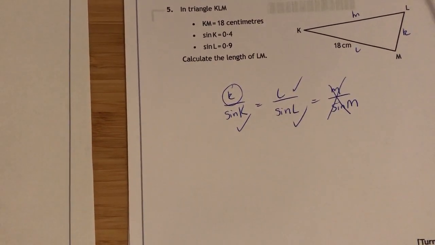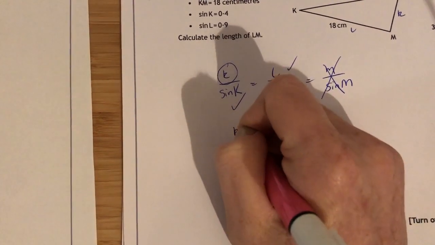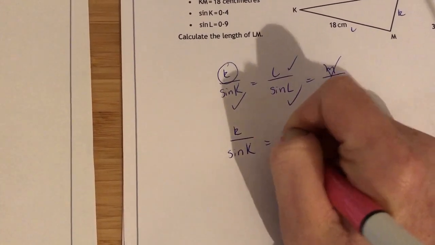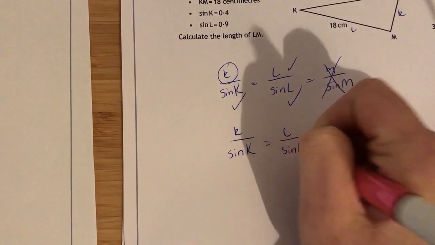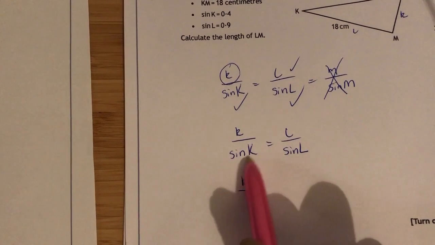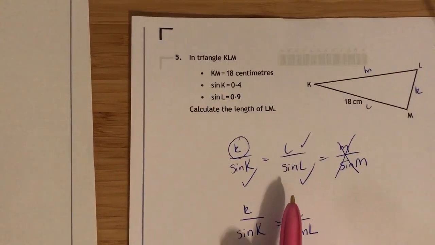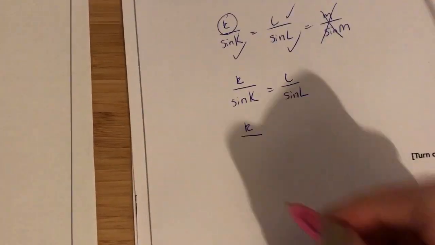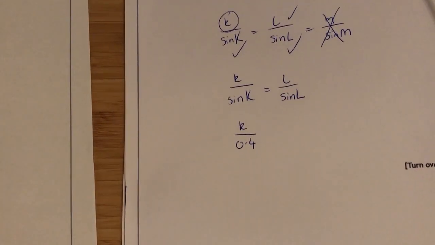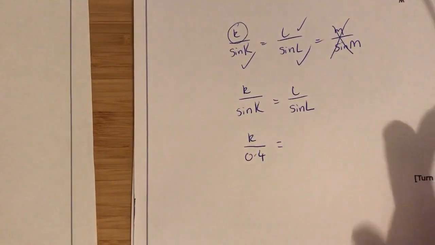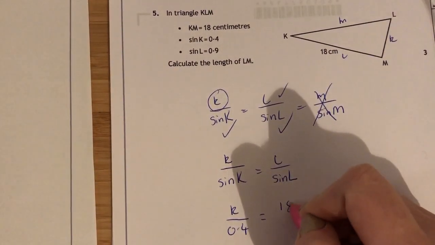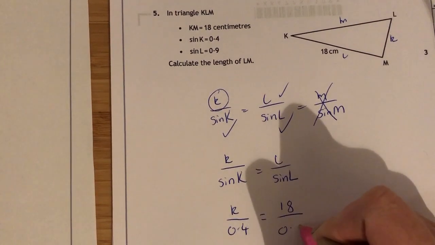Okay, this is where you need to be careful on non-calculator questions. I'm just going to rewrite this out. K over sine K equals L over sine L. So K over, and we're going to replace the whole of sine K because we know what sine K equals. Sine K is 0.4, so we're going to do K over 0.4 equals L, which is 18, over 0.9.